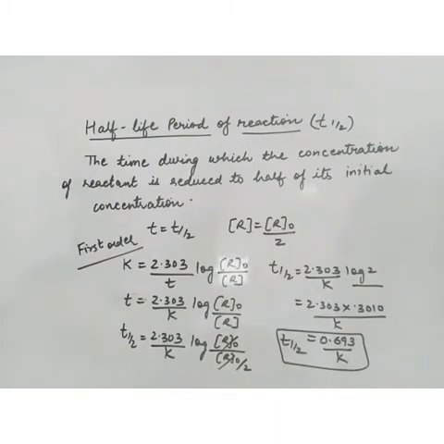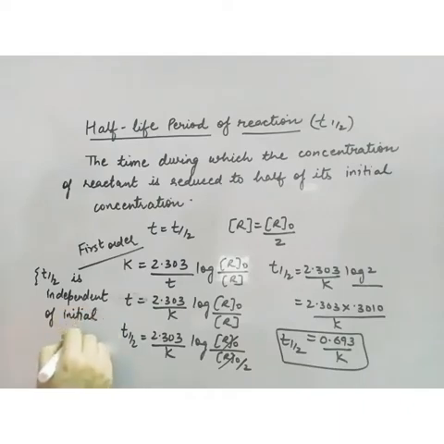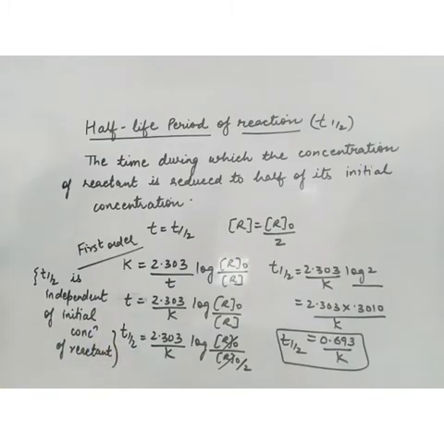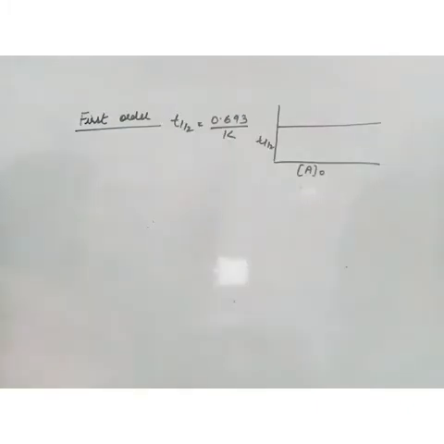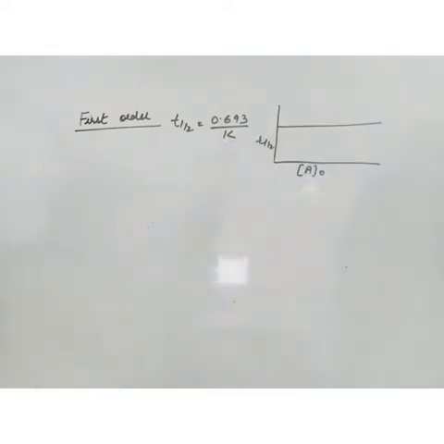So we can write one sentence that for first order reaction, T half is independent of initial concentration of reactant. So for first order reaction, T half is 0.693 upon K. It does not depend upon the initial concentration. And if I plot a graph between T half and A naught, it will be a constant straight line graph.